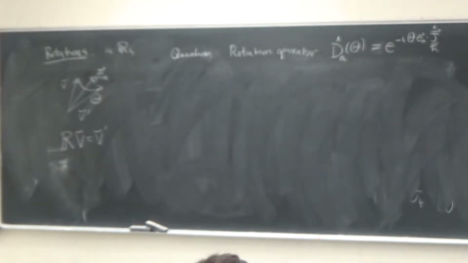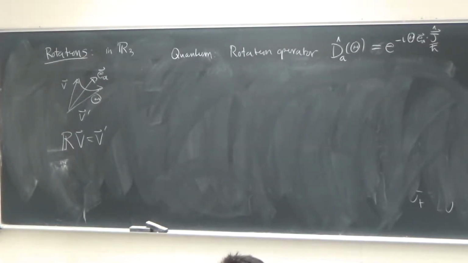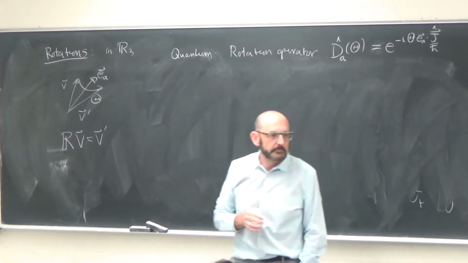So that's the rotation operator for an arbitrary angular momentum J that rotates around that axis by that angle in the same manner. Okay?